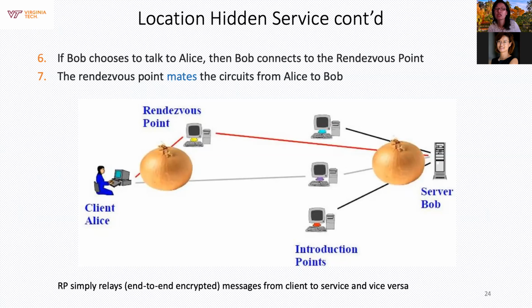But very importantly, they still don't see each other directly. They don't know each other's IP address, and nobody knows their IP addresses because it's onion routing. The rendezvous point will massage the traffic and then connect the two circuits together. That's it.